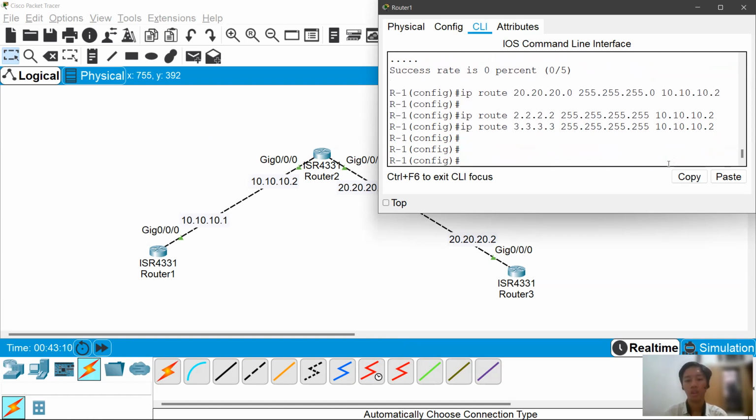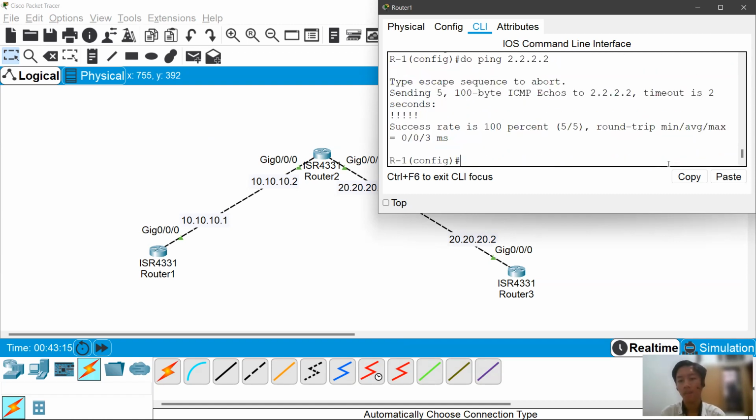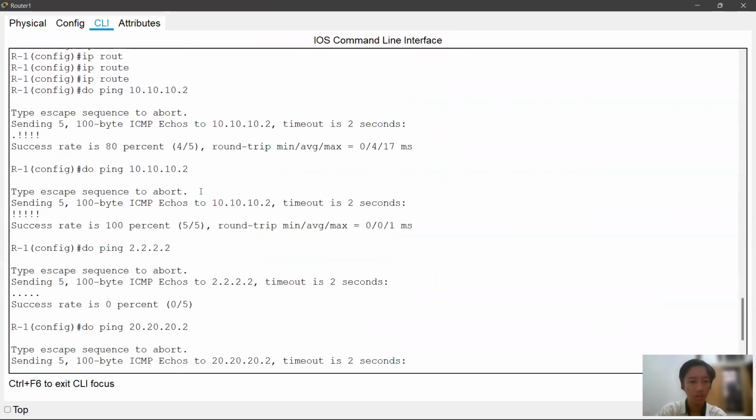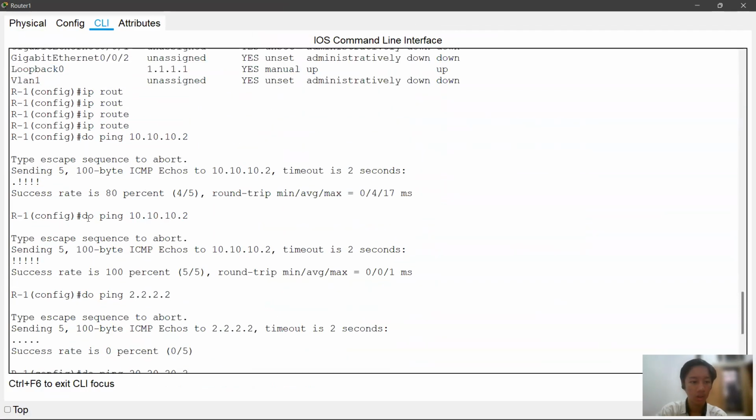Sorry. Now we check. Do ping. It's success 100%. Before it was not successful, right? Check again.